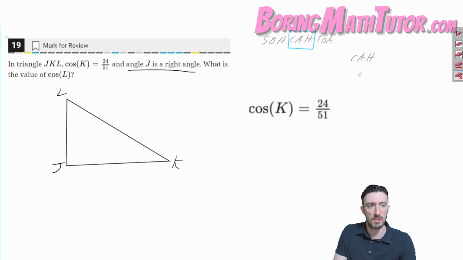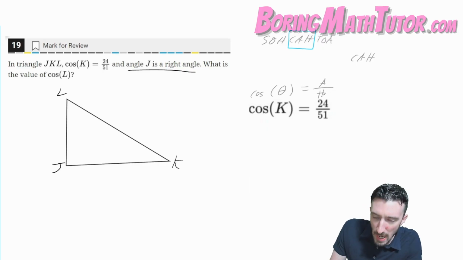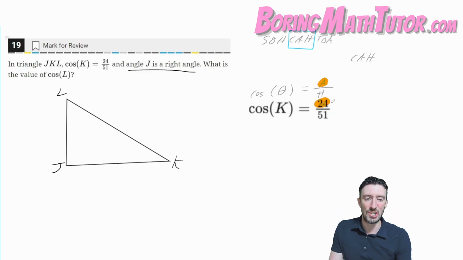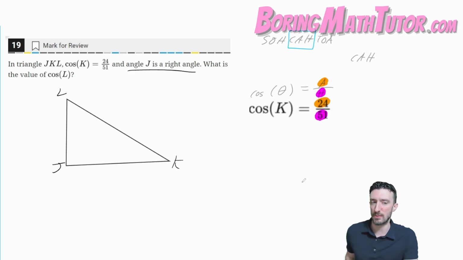Well, it tells you that the cosine of whatever your angle is equal to the adjacent over the hypotenuse. So what we could do is let our adjacent be 24 and our hypotenuse be 51.